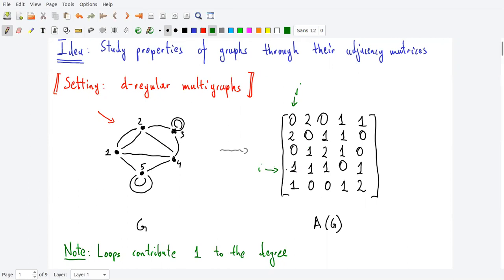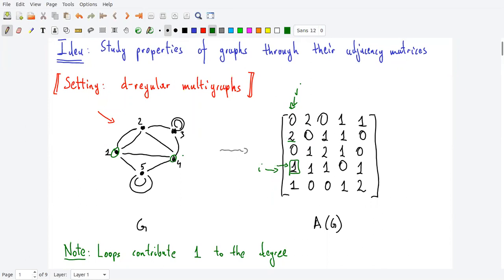So for example, if this is vertex number 4 and vertex number 1, then this 1 signifies that there is one edge between vertex 1 and vertex 4. Observe that multi-parallel edges are counted several times in those entries. So for example, this 2 corresponds to 2 edges between vertex 1 and vertex 2.